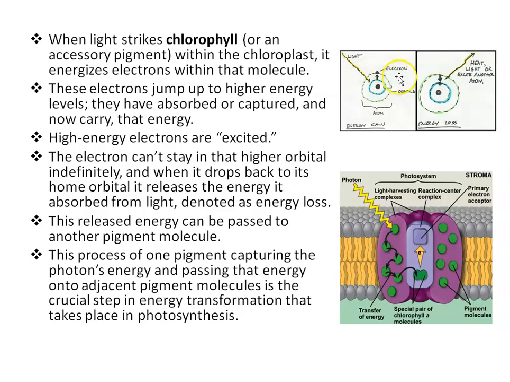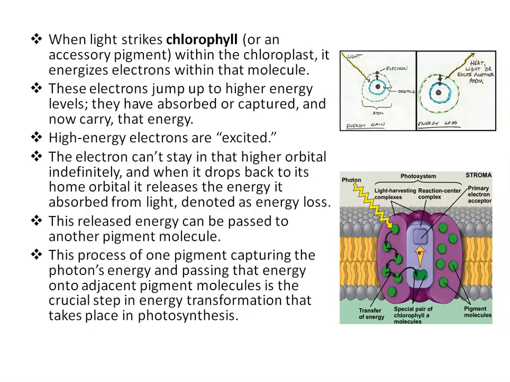High energy electrons are now excited electrons. Electrons can't stay in that higher orbital indefinitely, and when one drops back to its home orbital, it releases the energy it absorbed from the light, denoted as energy loss, right?